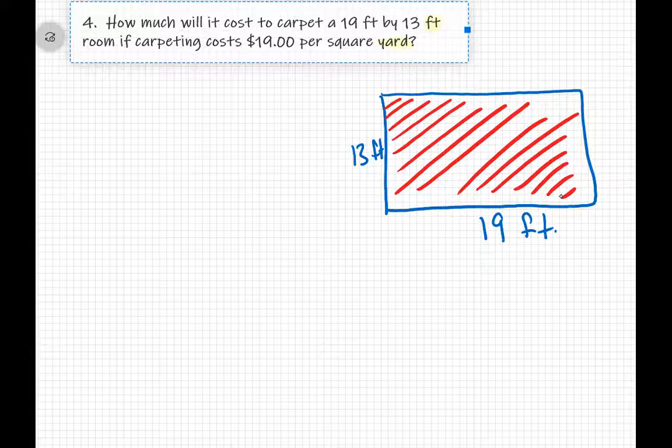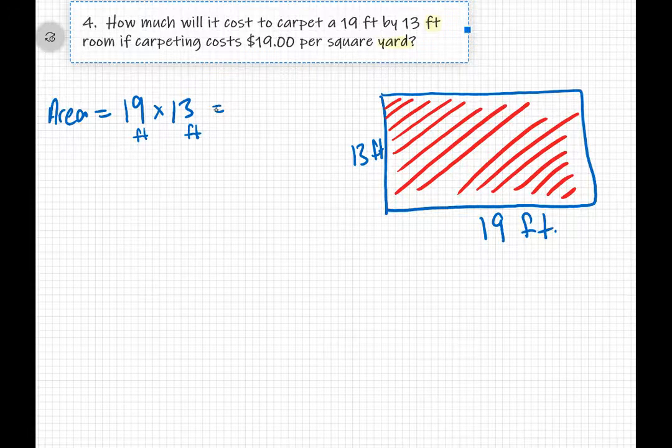All right, so area of a rectangle is length times width. So in this case, we could say area equals length times width, or 19 times 13. 19 feet times 13 feet.